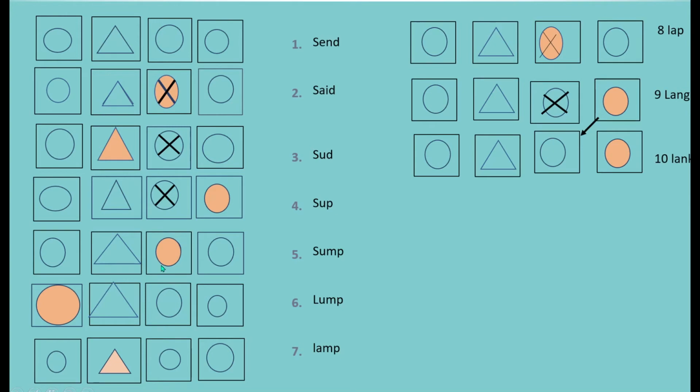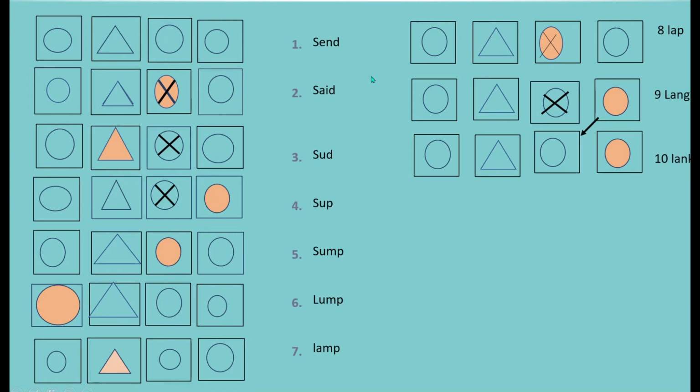Then we have the word lump. Now, if you've been with me for a while in some of the other videos, you know this is an easy one. S-ump, s-ump, ump. The first sound changed. And the next one we have lamp. Amp, it's the second sound that changed.